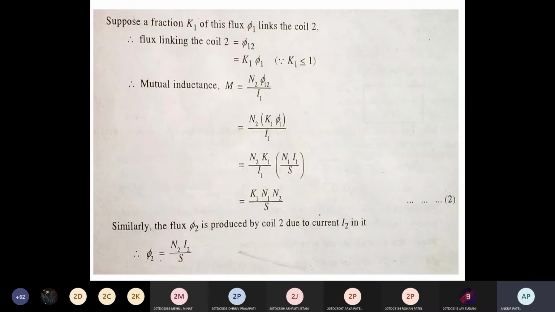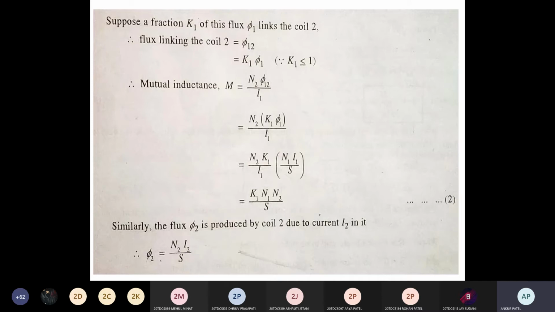K1 should be less than or equal to 1; it should not exceed 1. So the mutual inductance M is equal to N2 phi12 by I1. Due to I1 this mutual induction is produced.